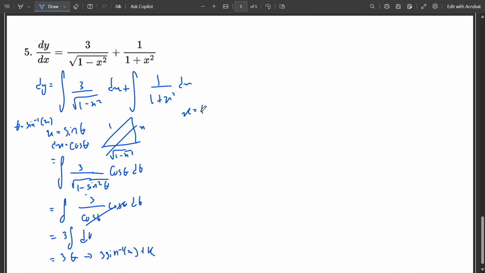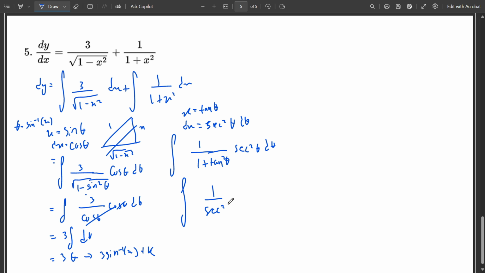And we have the second integral. We can use x equals tangent theta for this. And dx equals secant squared theta d theta. And as you can see, if we integrate 1 over 1 plus tangent squared theta times secant squared theta d theta, well, 1 plus tangent squared theta is just secant squared theta. So secant squared theta over secant squared theta d theta.